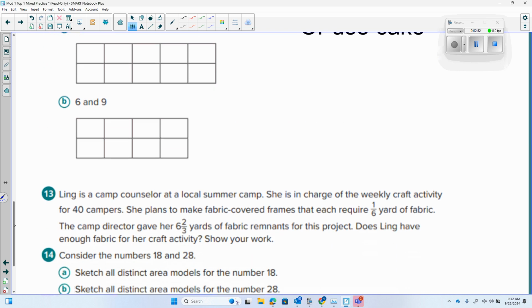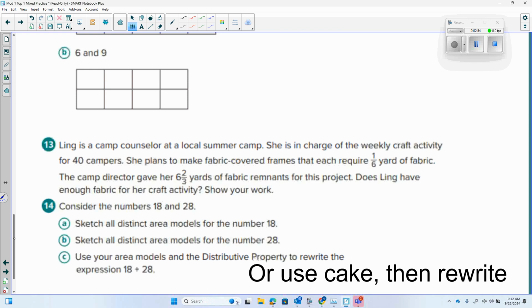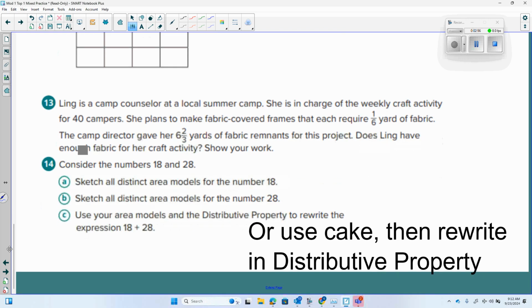You do not have to do both. Or same thing on number 14. You can either do all three of these things, or you can just use the cake and rewrite it using distributive property. Okay? So this is again either or. So you can either do all three of those, or you can just do that. Any questions on what we are doing in class today?